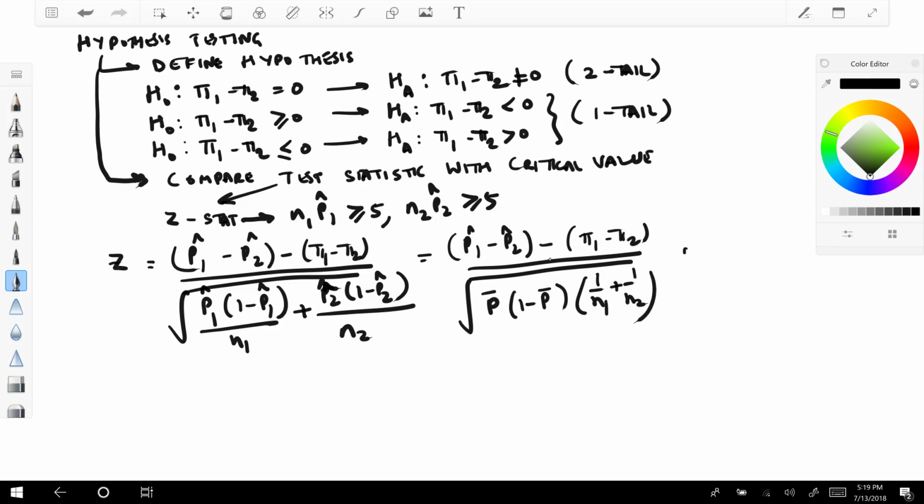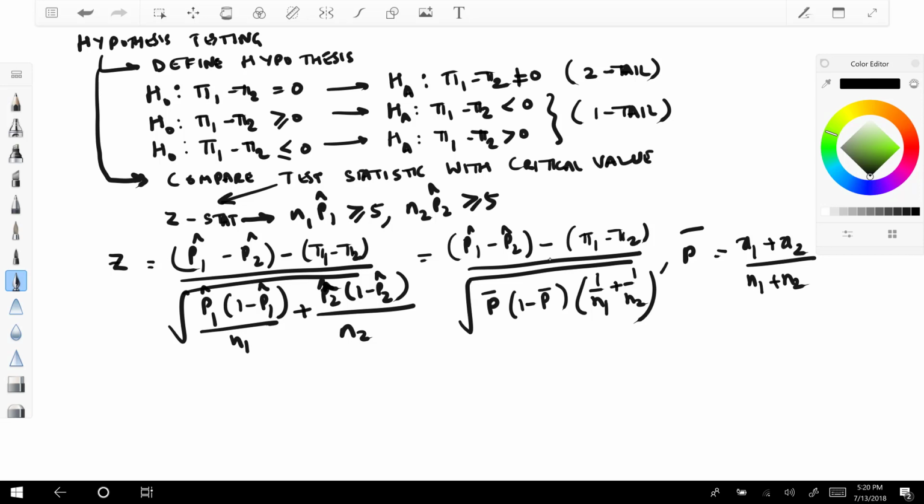So where p bar is equal to small x1 plus small x2 divided by n1 plus n2. So that's the formula which we will be using.